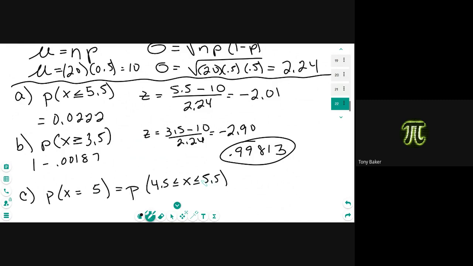I have to do both. This is where we go both directions. Because if I want to look at just that one, I go both directions. We already have the 5.5, that's right there, so I don't have to do that one again. We do have to find the 4.5 one though.